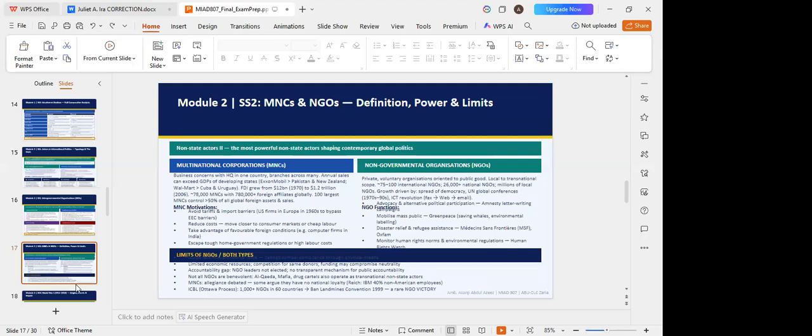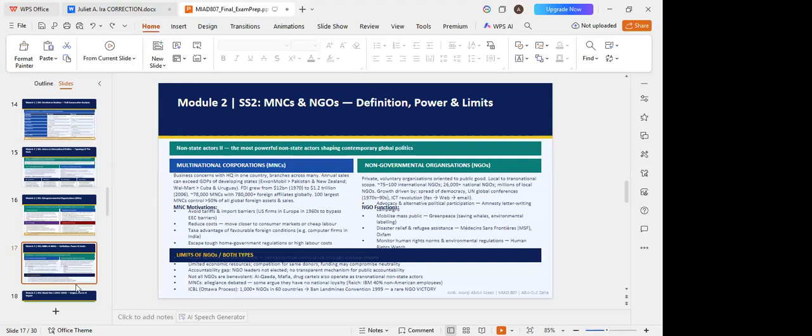Understand? So now, on the other hand, we have the NGO. What is NGO? Based on your own understanding, what is NGO? An NGO is a non-governmental organization that operates independently from government, but they usually help and support, filling the gap where government falls short.